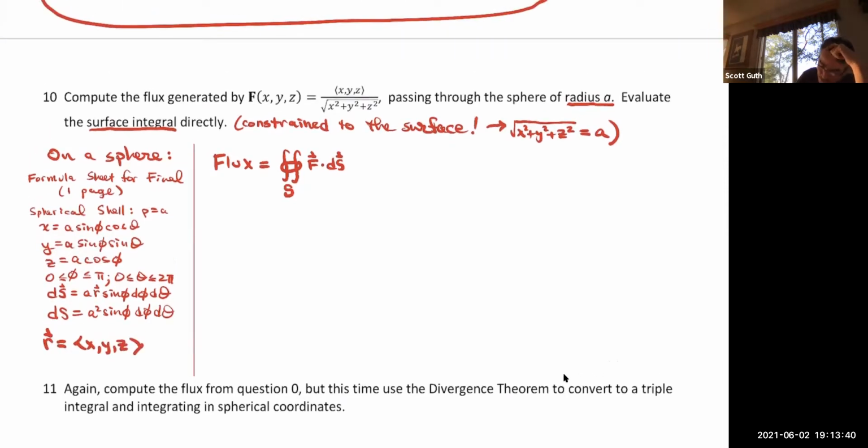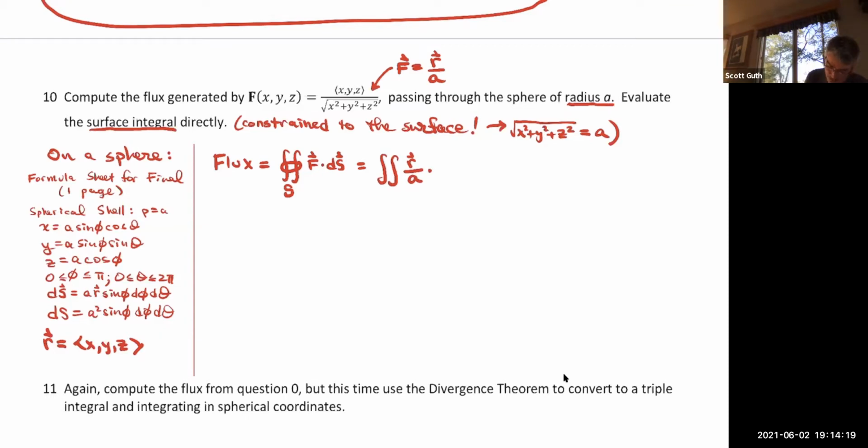And so when I look at my field up above, I could just say that my field is a position vector, R, over the radius of the sphere, A. Now you can do all this trig work, or you can try and think a little bit above the problem. What you've got here is a double integral of the field, which is the position vector divided by the radius of the sphere. If you think about it, that's a unit vector right there.